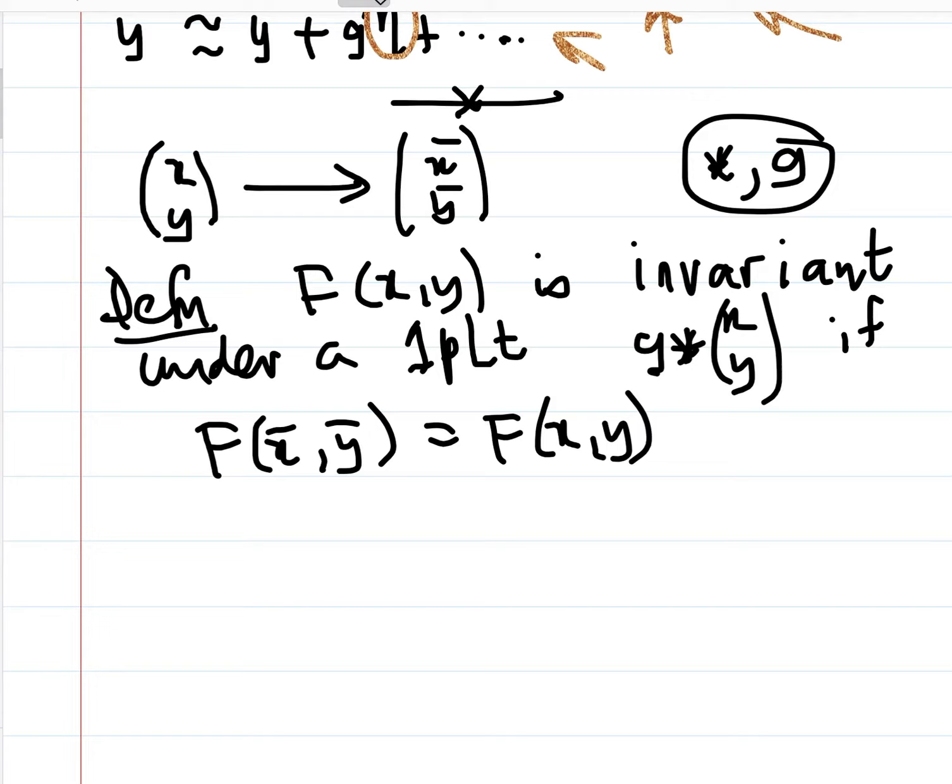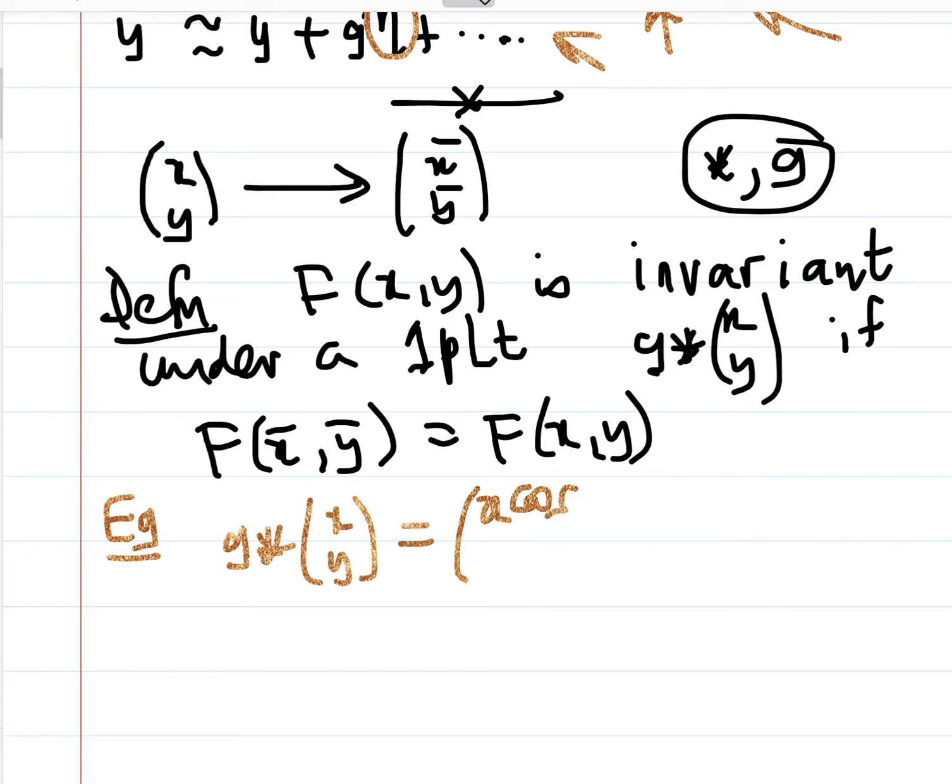So the example is, let's suppose g star on xy is given by x bar, y bar, where x bar is the old classic example of ours, x cosine g minus y sine g, and y bar is given by x sine g plus y cosine g.